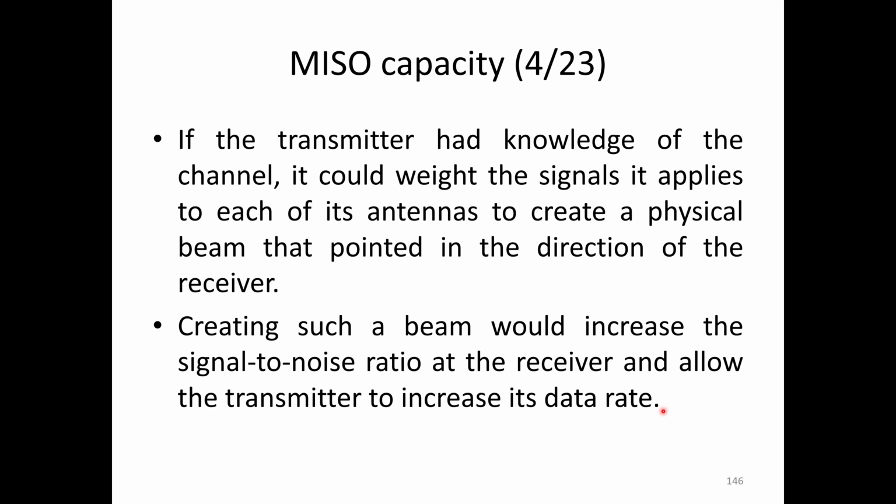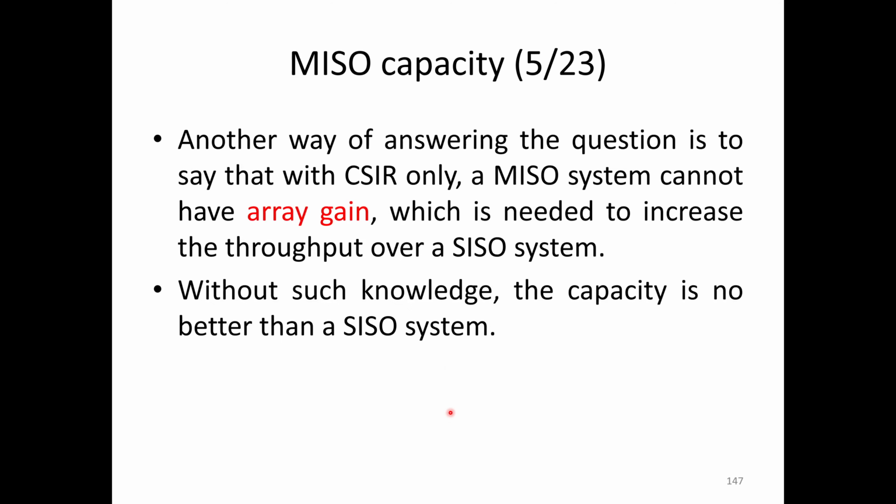Now the SNR is increased, so the data rate also increases. Another way of answering the question is to say that with CSIR only, a MISO system cannot have array gain.